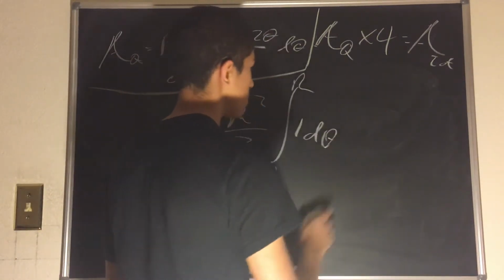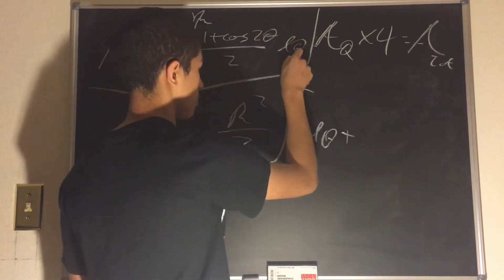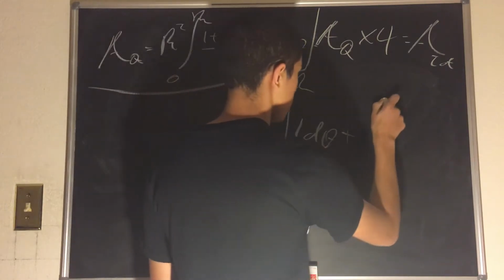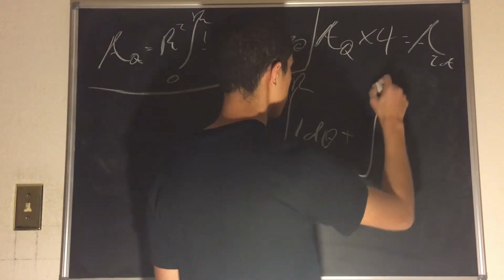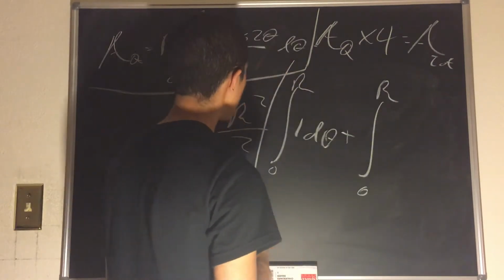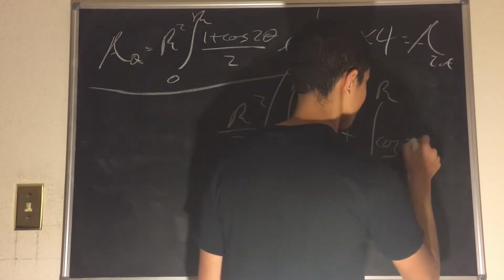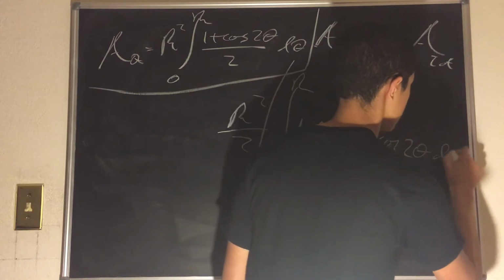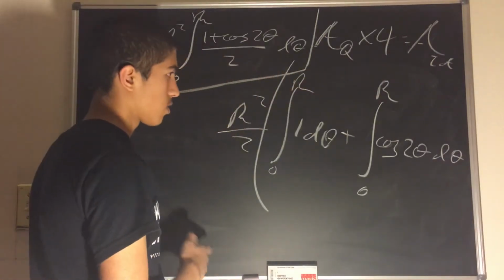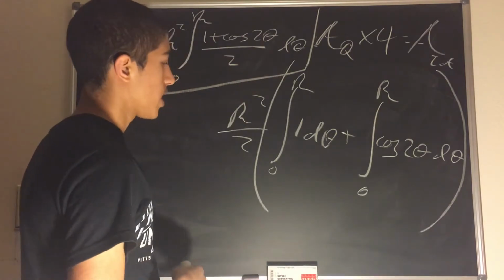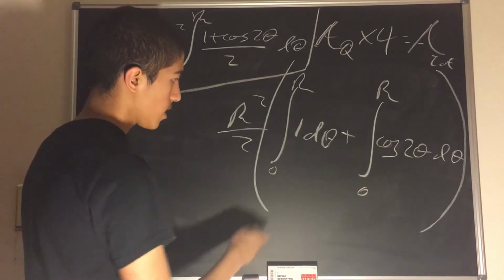Integral 1 d theta plus, and multiplied by everything. So, plus integral 0 to r of cosine 2 theta d theta. Yes, so now let's close our end parentheses.